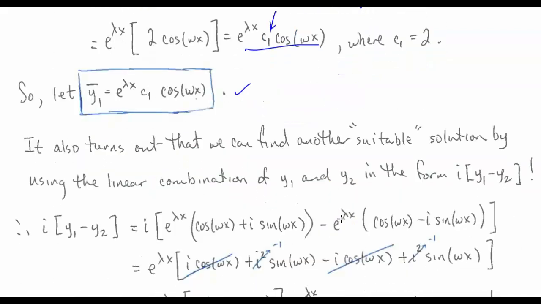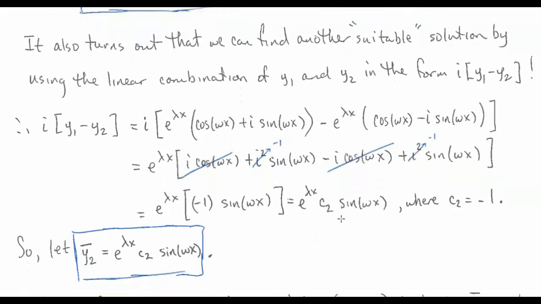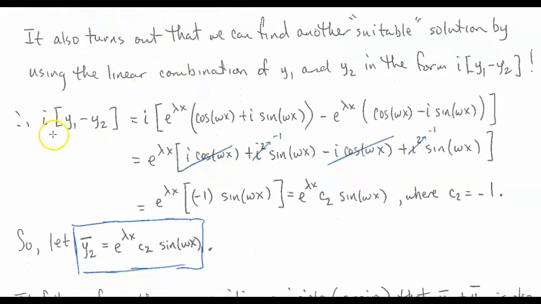Now, if we do the other suggestion, which is to take the difference of these two functions and then multiply it times i, then after some math, we end up getting the same kind of thing, but now in terms of sine. And again, the constant in this specific case is going to be negative 1, but again, we want to keep it as general as possible.